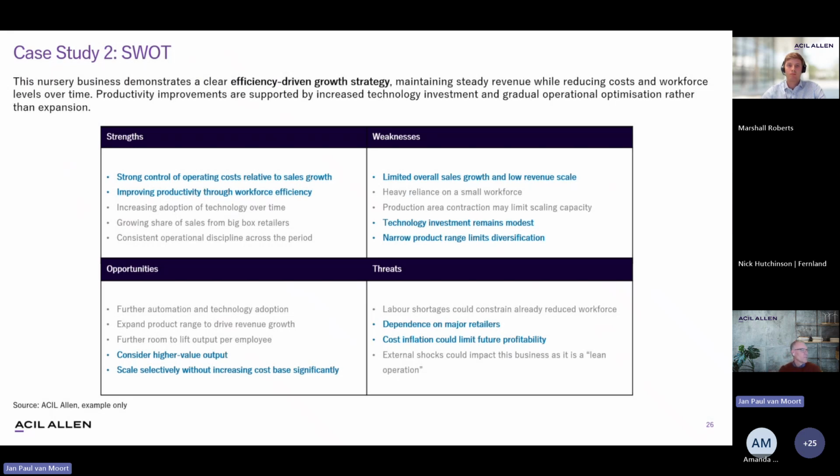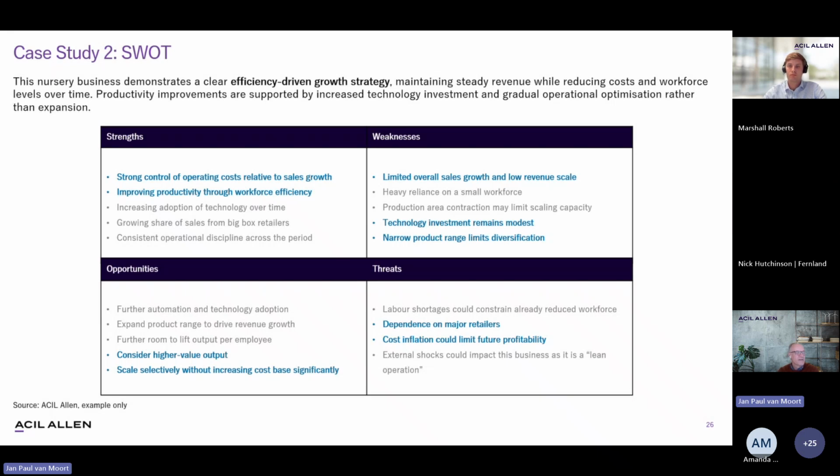It strikes us that what you see is strong control over operating costs relative to sales growth, so they're focusing on managing that. And they're getting more efficiency out of the workforce, so that's driving productivity growth, which is key to remaining competitive and profitable. The overall sales growth is limited, and so they haven't really scaled revenue or sales as such, and that may not be their intention.